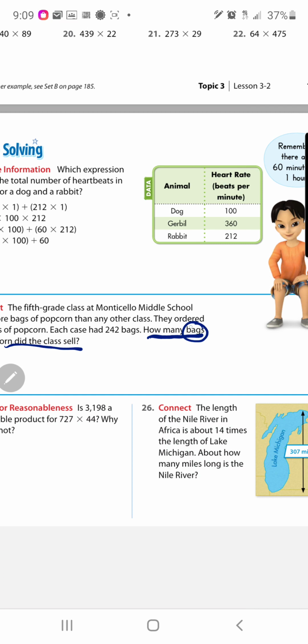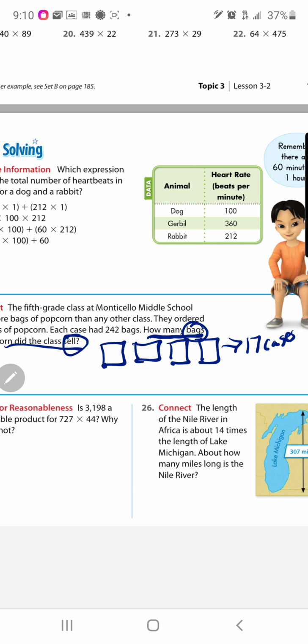Well, I want to know the bags sold, right? Well, remember, each case had 242 bags, right? I'm sorry, that's a case. There are 17 cases. And of course, that would take me forever to draw all of them, but let's say that those are 17 cases, and each case has 242 bags.